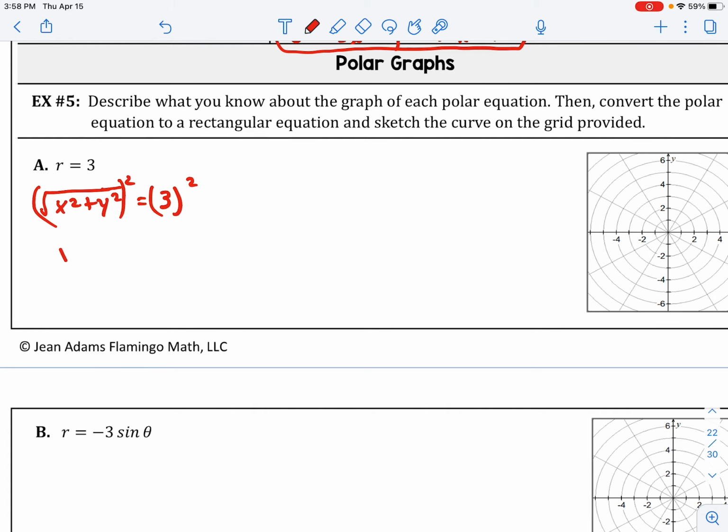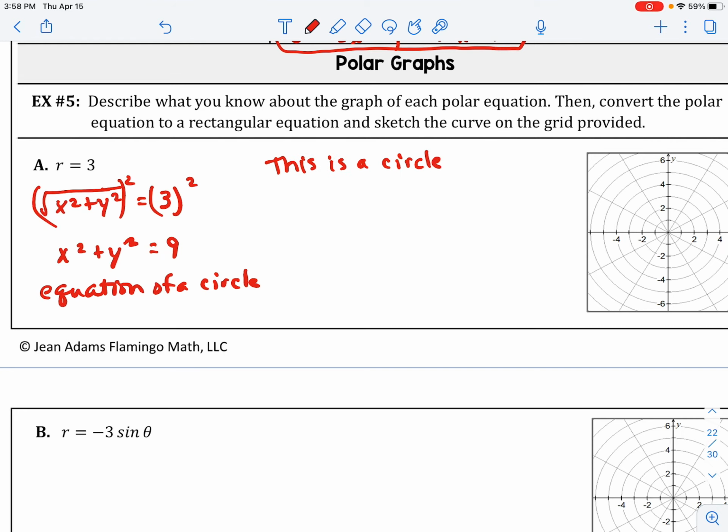If I squared both sides, this would give me x squared plus y squared equals 9. This looks like the equation of a circle. So I think that this is a circle centered at 0, 0 with a radius of 3.